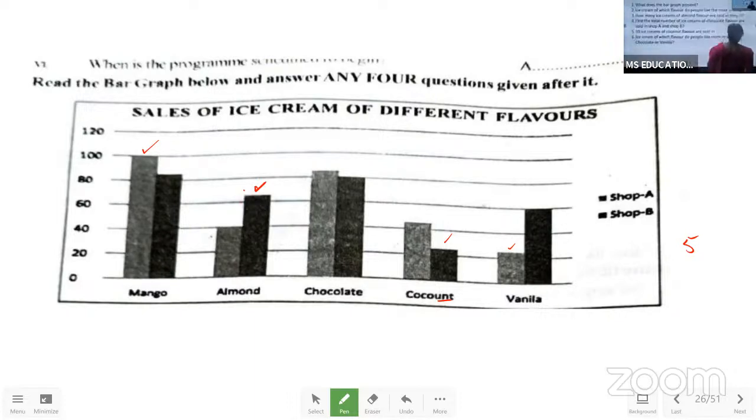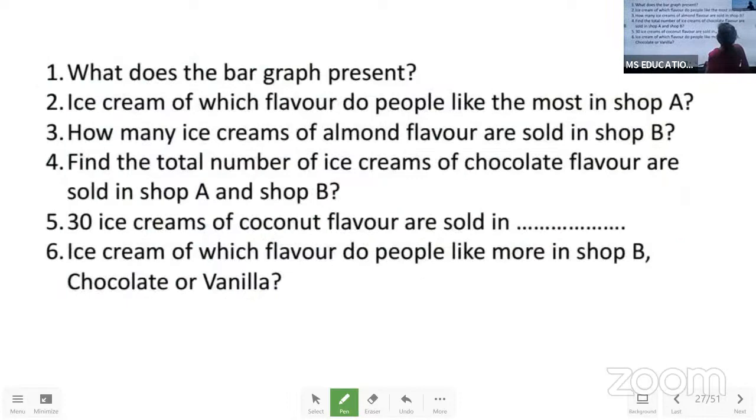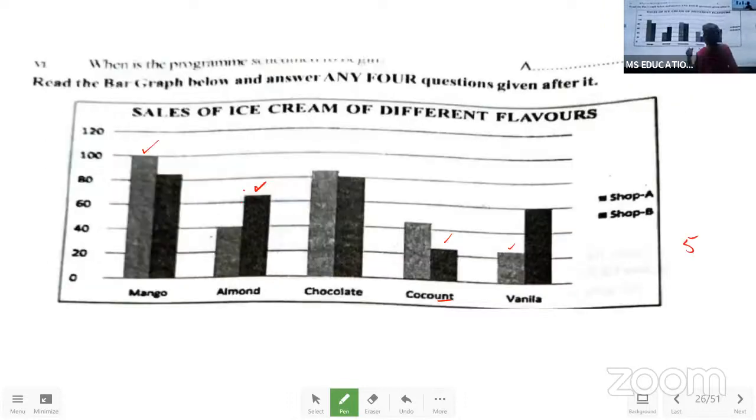Next, find the total number of ice creams of chocolate flavor sold in shop A and shop B. Chocolate flavor. This is around 82 and this is 80. 82 plus 80, it is 162.